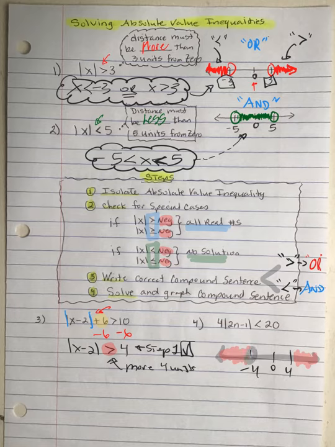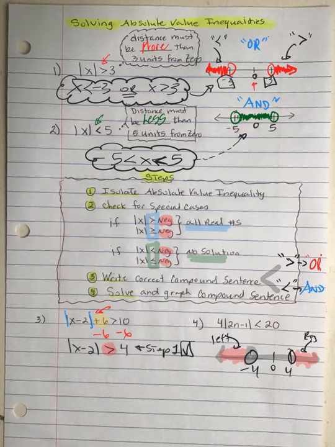And so we have to write a compound or sentence, right? Because our picture, more than 4 units, is out to the left. So we have to write out to the left of -4, and out to the right of +4. So let me erase this, clean this up.